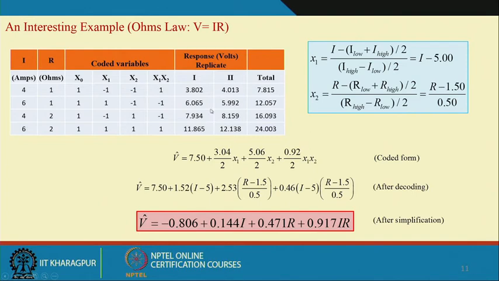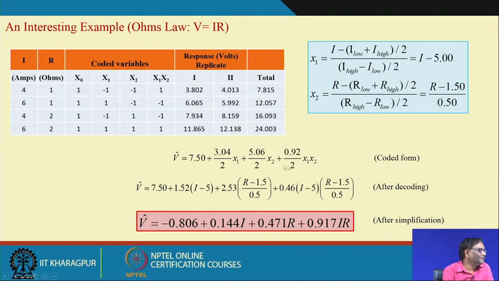I have shown you how this codification is done; this is now known to you. With the coded variables, the regression equation is found, and you see that it is voltage equal to 7.5 plus this, plus this, plus this.